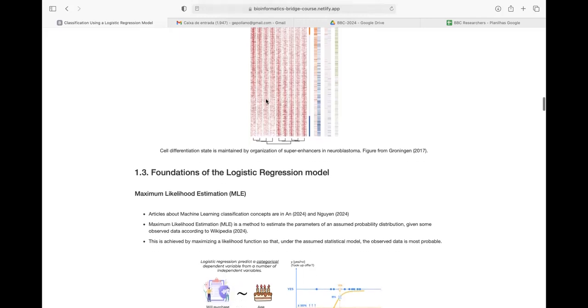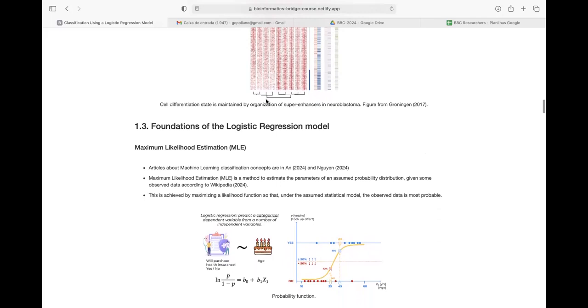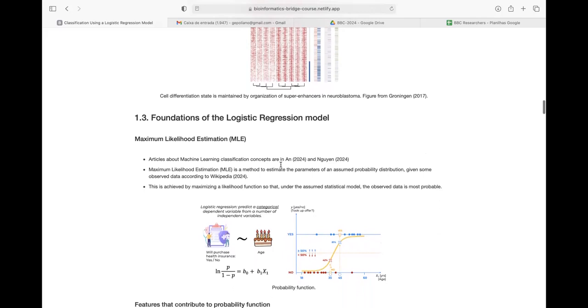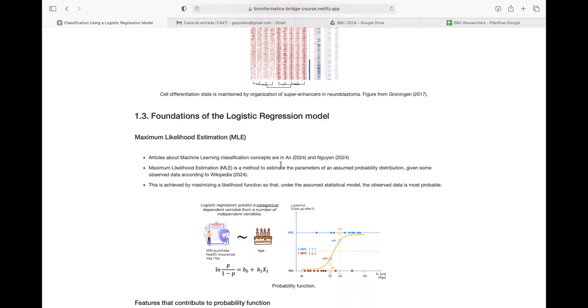Now that we know how we can classify a mesenchymal cell and an adrenergic cell, let's develop an algorithm to classify not a cancer cell, but a tumor, a patient, right?